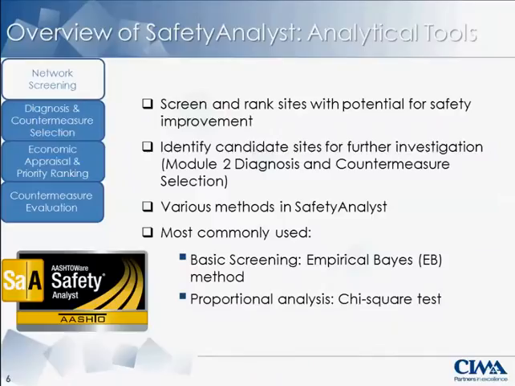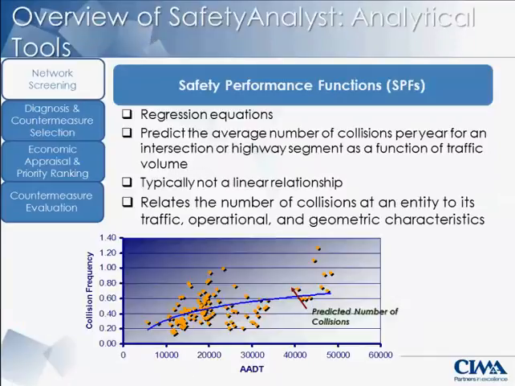Okay, let's talk a little bit about this empirical based method. For network screening, collisions are random events, and they fluctuate. So if you look at a slice of 3 years of collisions at a location, the average of these 3 years may not be representative of the long-term safety performance of that location.